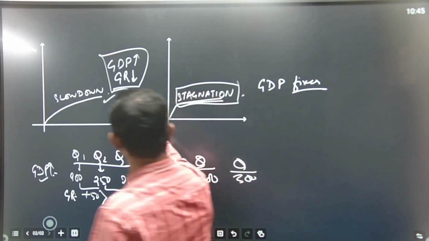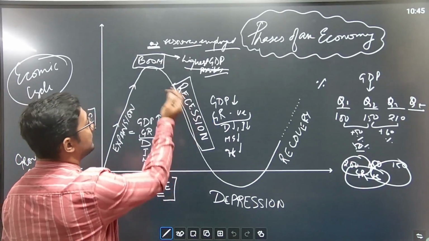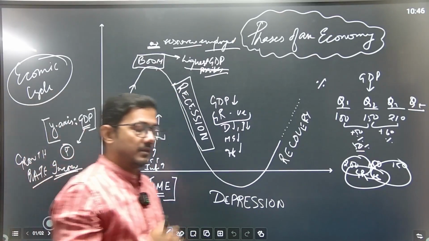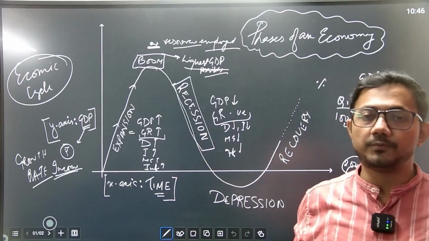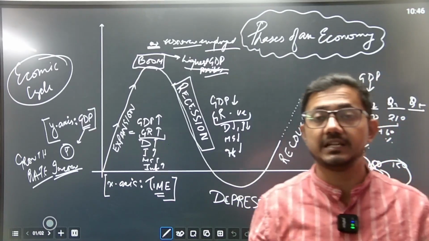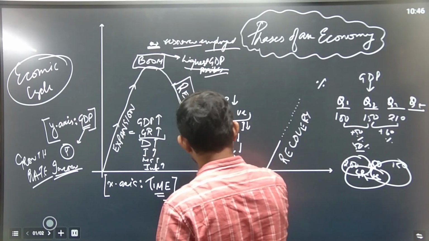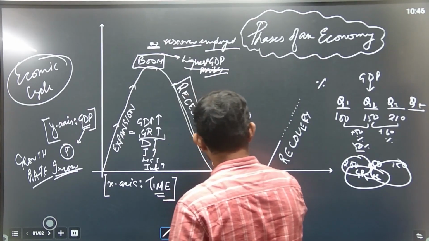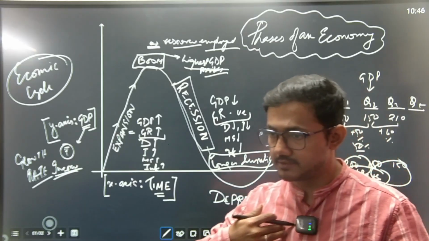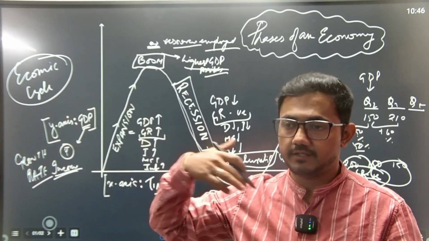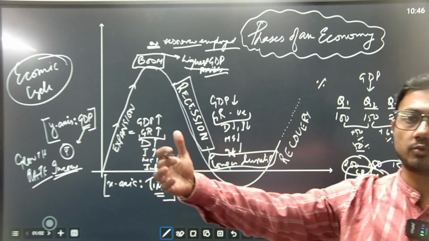This slowdown and stagnation generally come before the phase of recession. Just before a recession arrives, slowdown or stagnation may occur. Now, when a recession persists for a longer duration, two quarters, one year, two years, it goes from one or two quarters to multiple quarters.